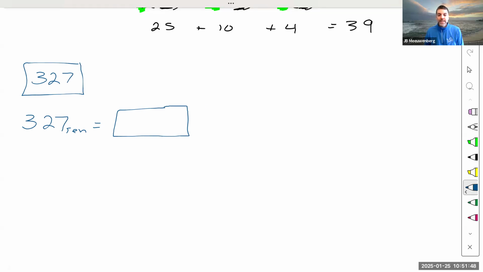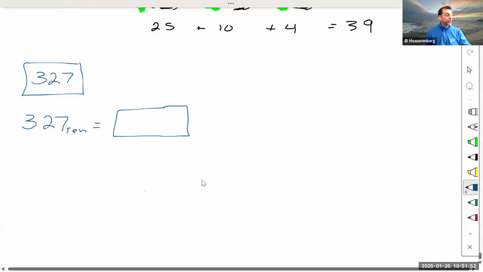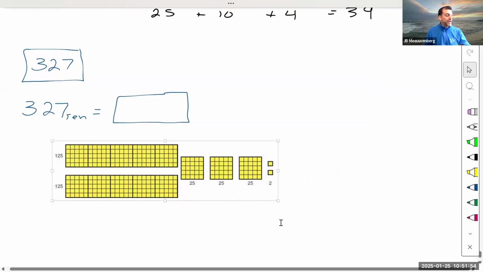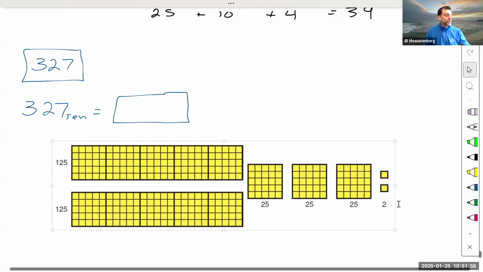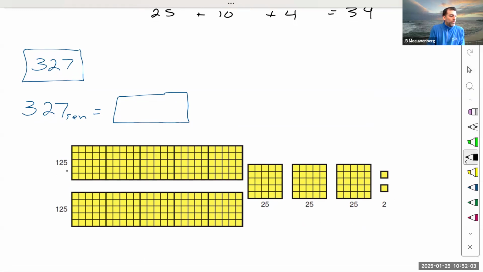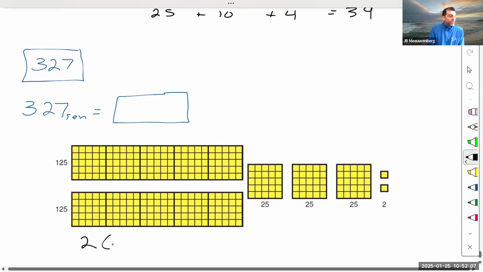So if you paused and done this, what you probably did was come up with a visual collection that looks something like this. Again, this is a minimal collection. And what this shows is we have the 125, the long flats. We have 2 of those, 2 125s.